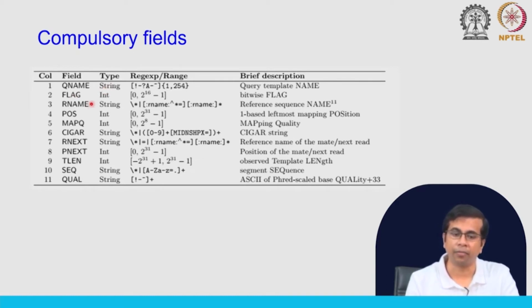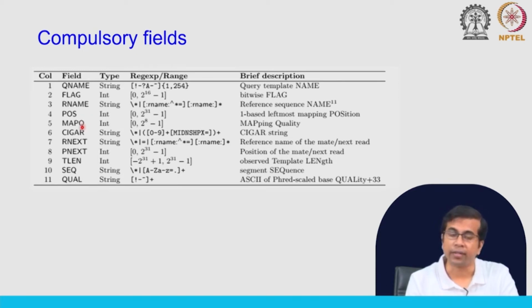You have RNAME, again a string, the reference sequence name; it could be a genome or chromosome number, ID or name. Then the fourth field is POS, an integer, and again we are following the one based positioning system; this is the leftmost position, as we have discussed.